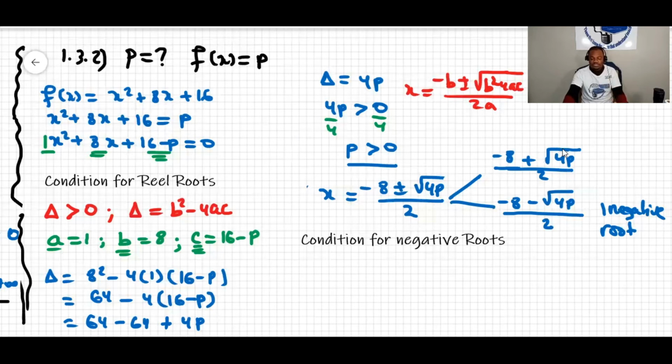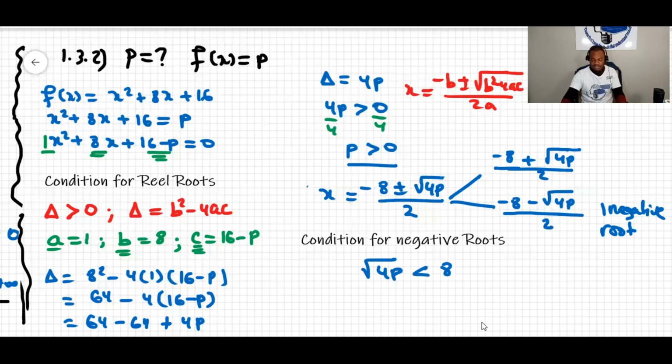So we're going to set root of 4p lesser than 8, because if it is 8, we're going to get 0. So it must be lesser than 8, because 8 is the turning point. So now we write square root of 4p lesser than 8.